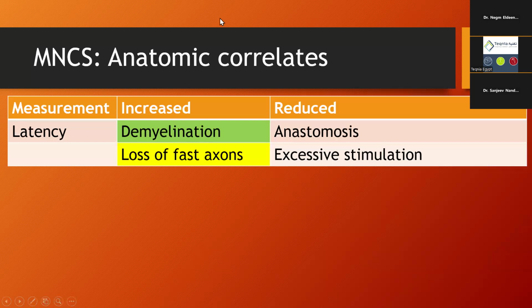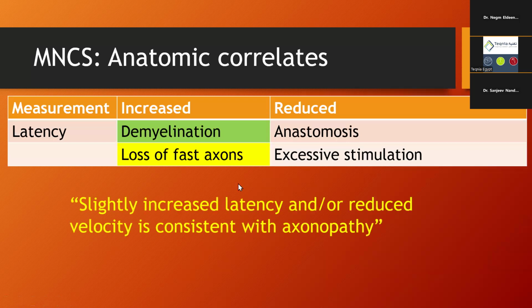Or you can have phenomena such as cathodal migration that can cause excessive stimulation and give you a shorter latency of the response. So once again, I emphasize slightly increased latency or reduced velocity is still consistent with axonopathy. If we want to make a decision about demyelination, we often require a significant reduction in velocity.